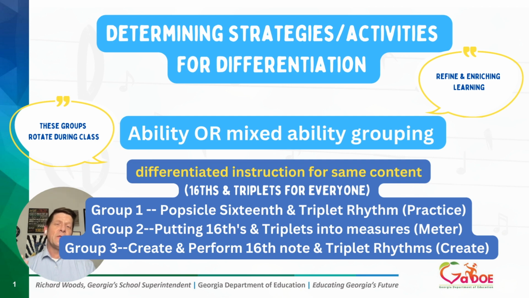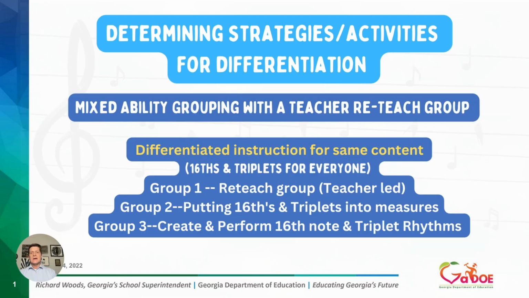So that is an example of how you could use three different centers or three different groupings for your students to have differentiated instruction using the data that you collected. Hence, our data is driving our instruction. This example is for mixed ability grouping with a teacher reteach group.